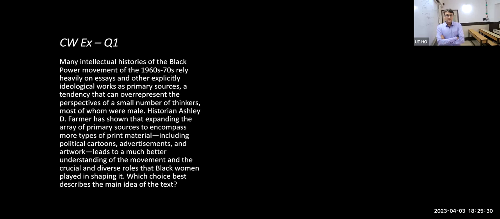So the question says, which choice best describes the main idea of the text? So needless to say, this is a main idea problem. Now, the second step says, I am not right now showing you the options. So if you look at the passage, how would you summarize this? Let's say I only give you a couple of lines. You have a maximum of 2 lines or a line to summarize whatever you have read.